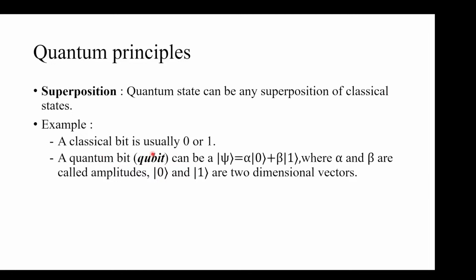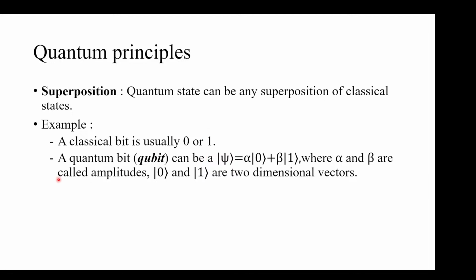We say the qubit is in this state |ψ⟩, and we'll talk about this notation soon. |ψ⟩ is some alpha times the 0 state plus some beta times the 1 state, and alpha and beta are complex numbers called amplitudes. The 0 and 1 are like a classical 0 and a classical 1.